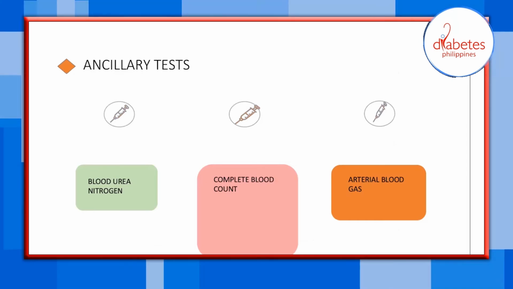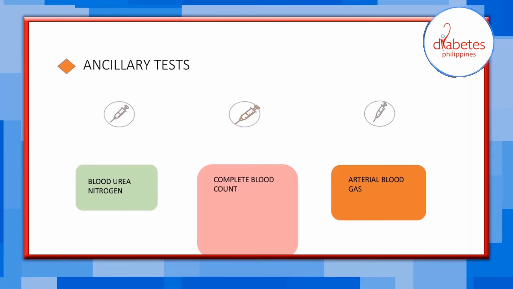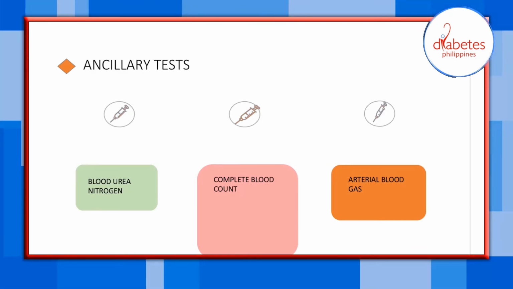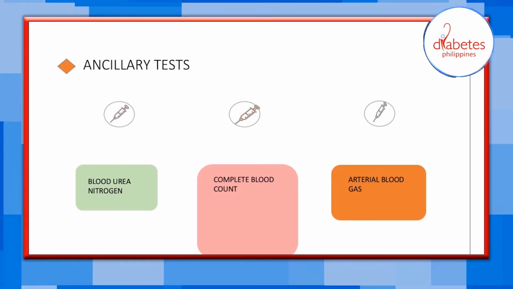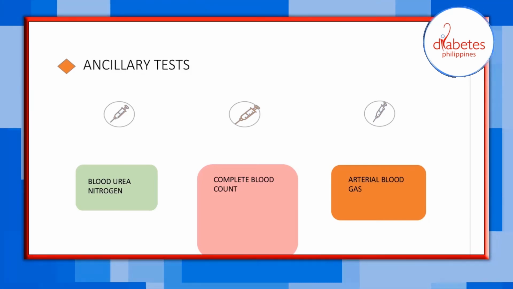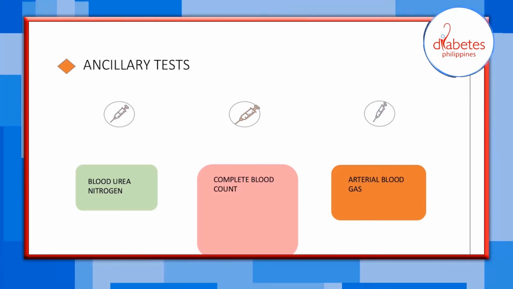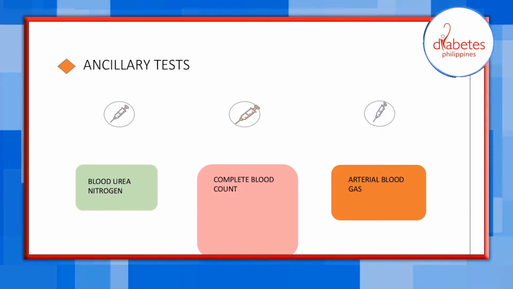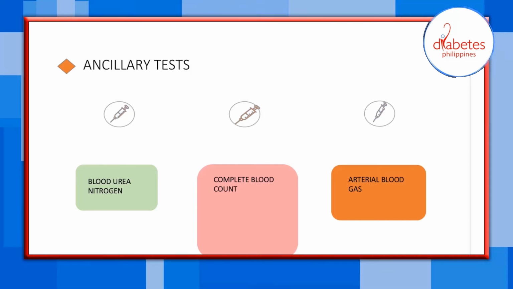For your complete blood count, you should check for your hemoglobin, presence of anemia, because anemia can develop earlier in diabetic kidney disease than in other types of chronic kidney disease. And usually it presents as normocytic normochromic anemia. Also, you check for platelet if it's normal, and also if you have leukocytosis or leukopenia, which can be signs of infection that can also greatly affect your kidneys.